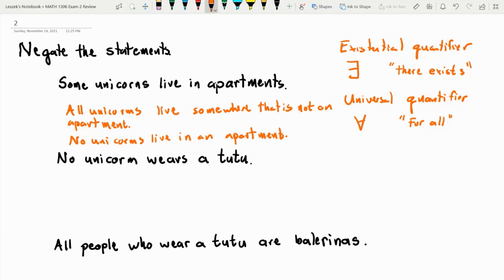Right, that's equivalent. So the negation of that would be that there exists at least one unicorn that wears a tutu. Or maybe shorter, some unicorns wear tutus.